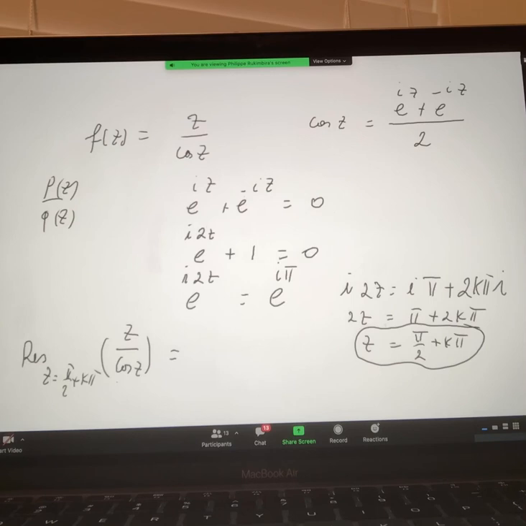Q of z is 0, but Q prime of z at z_k is not. Cosine is 0, that's what makes it a singularity, but the derivative of cosine, which is sine, when you evaluate it, is not going to be 0. So it's within the hypothesis of the formula I gave you. The residue here is supposed to be z over cosine prime of z, evaluated at z equal z0.